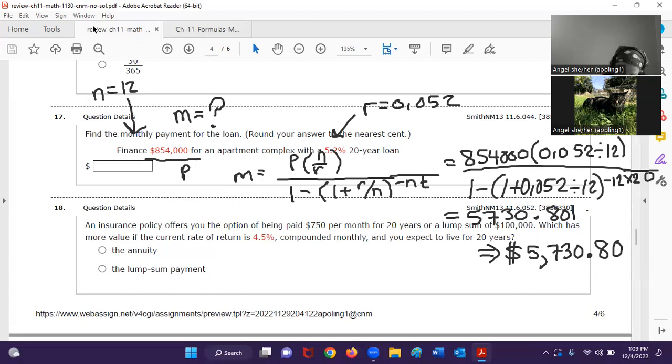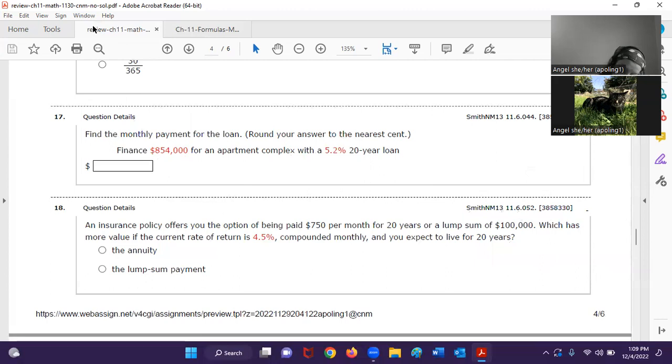That doesn't seem too bad. I think you could get that back in rent easily, right? Okay, so on this one, number 18, they're asking us which is better, the lump sum or the annuity. So we're going to look up the annuity formula and compute for the annuity, right?